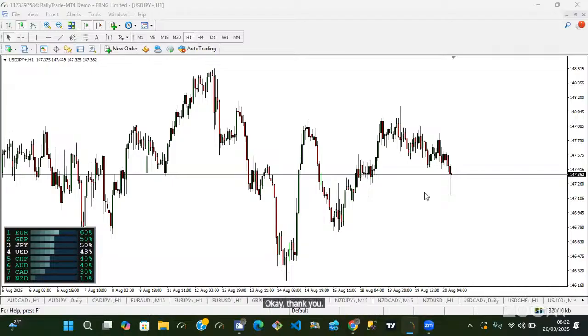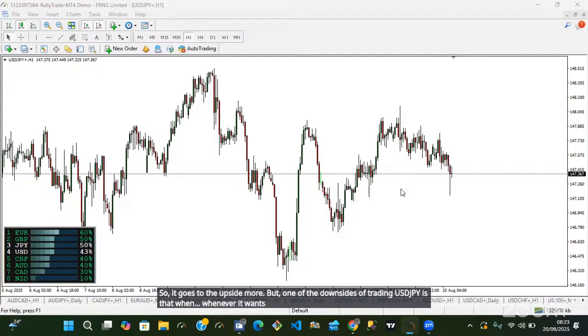All right, now this is USD JPY. Naturally, we know that this is an uptrend instrument, so it goes to the upside more. But one of the downsides of trading USD JPY is that whenever it wants to retrace, the retracement can be fatal.